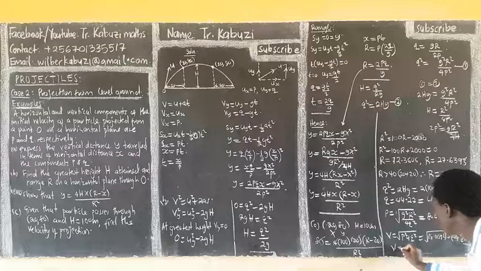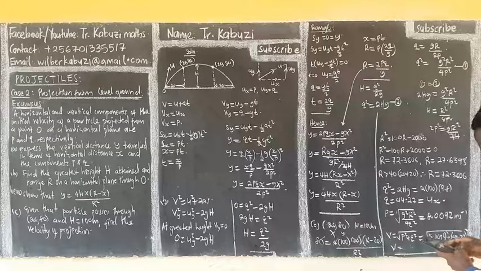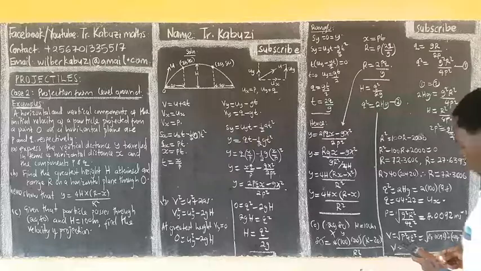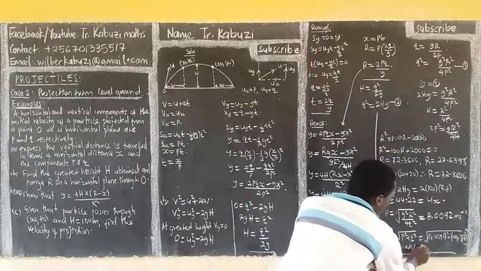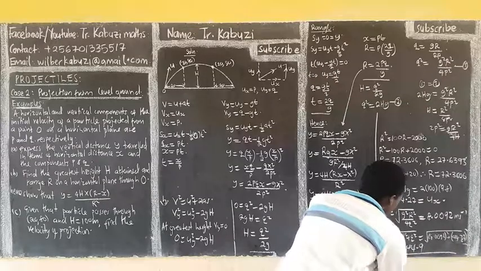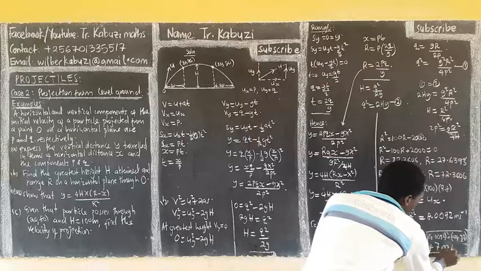And so our velocity is going to be 44.9887 meters per second.